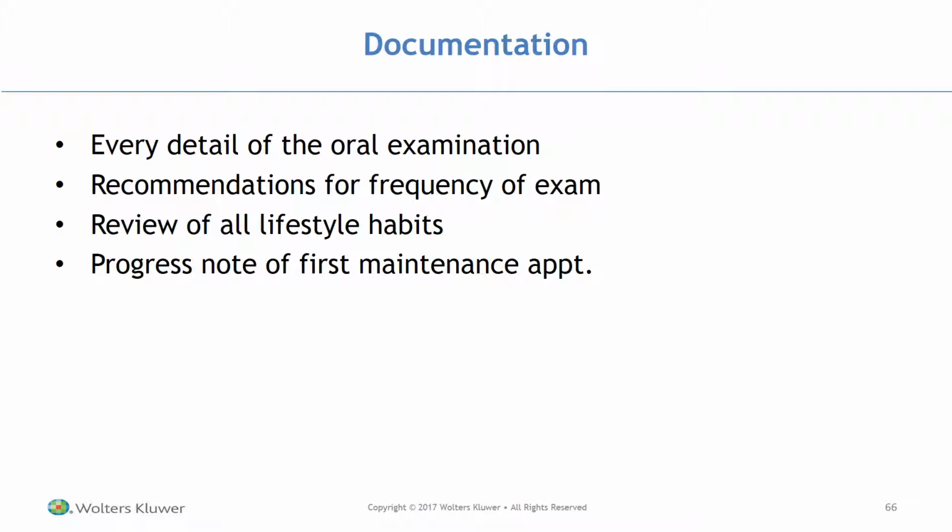Any recommendations for frequency of complete oral examination at future dental hygiene maintenance appointments needs to be recorded. And then you want to review all lifestyle habits that may have provided a cause for the oral lesion.